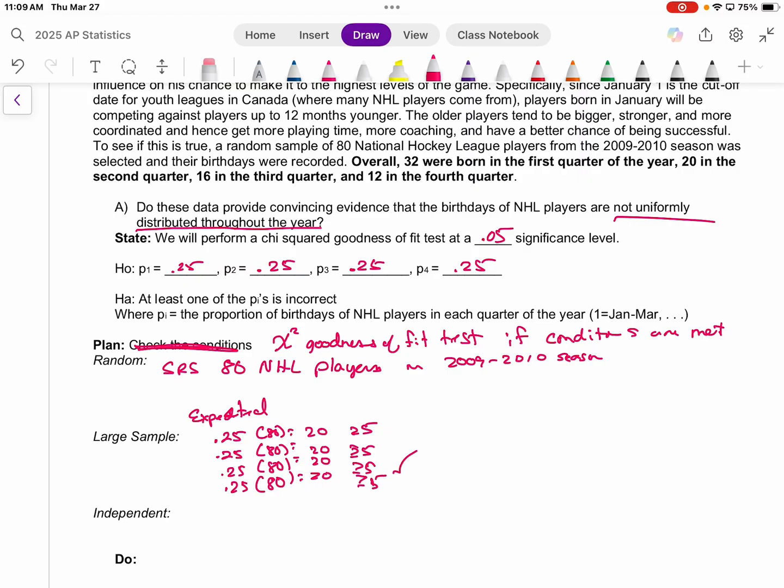Independent. Now, here's where we've got to be careful. What I would say here is that one NHL player's birth does not affect another one.